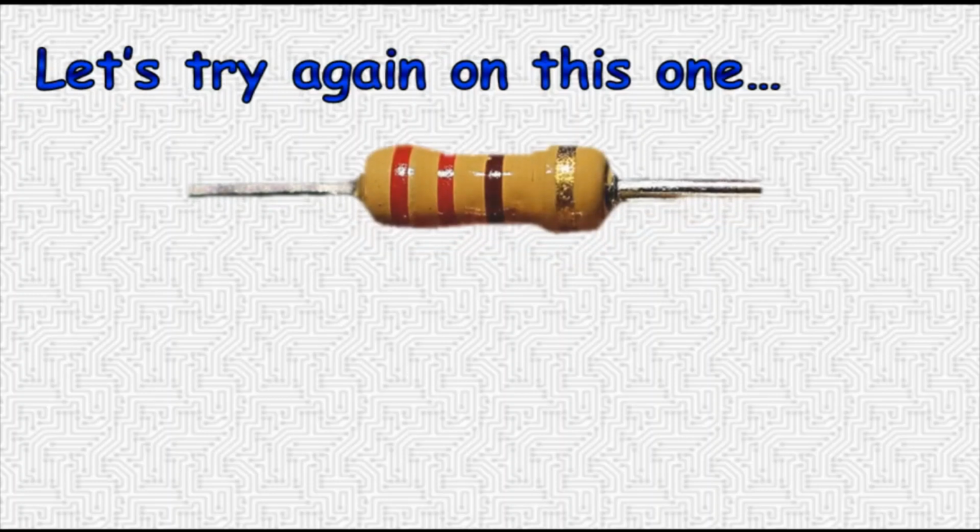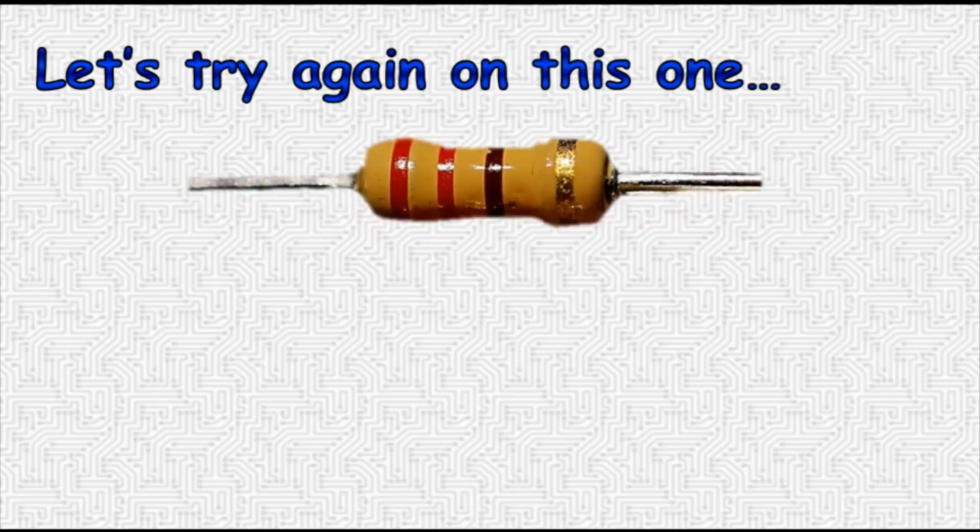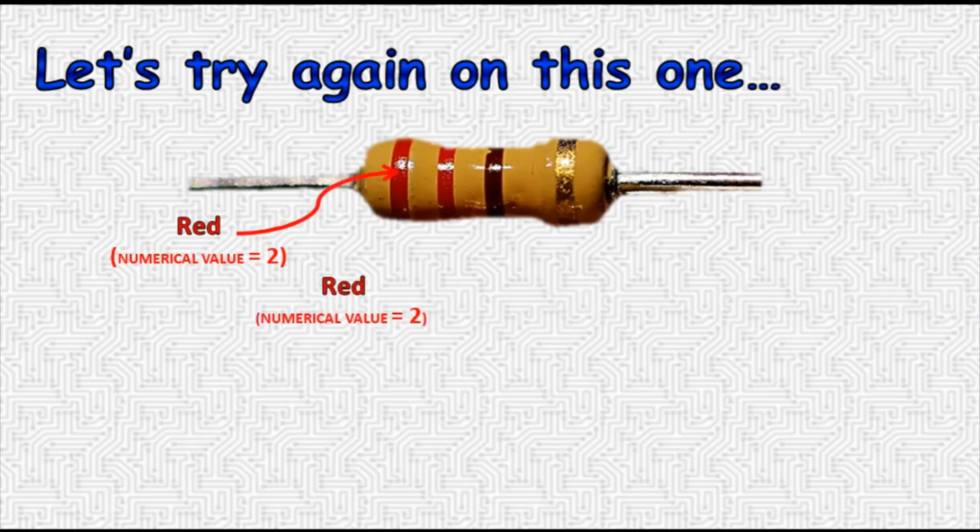Let's try again on this one. Ito na yung actual image ng ating resistor. No? Kung papansin nyo, parang iba, hindi masyadong malinaw kung ano talaga ang kulay. Let me guide you. Ang unang kulay ay red na may numerical value na 2. Pangalawang kulay naman ay red also na mayroong ding value ng 2. While the third one is colored brown.